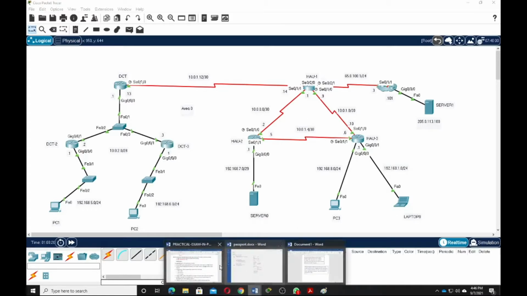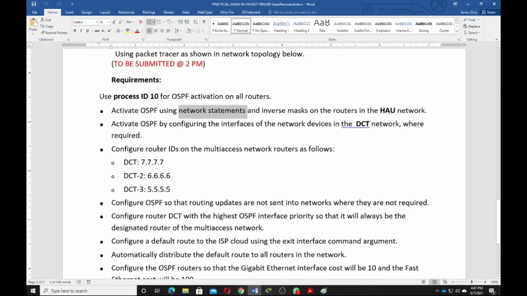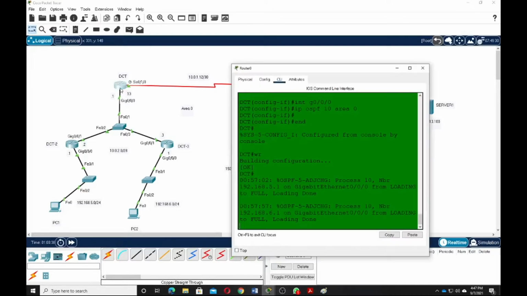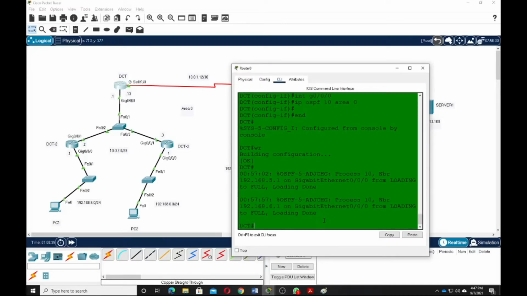The next requirement is to configure the router ID on the multi-access network routers as follows. Okay, DCT1. So in a multi-access network, we need to configure the router ID.